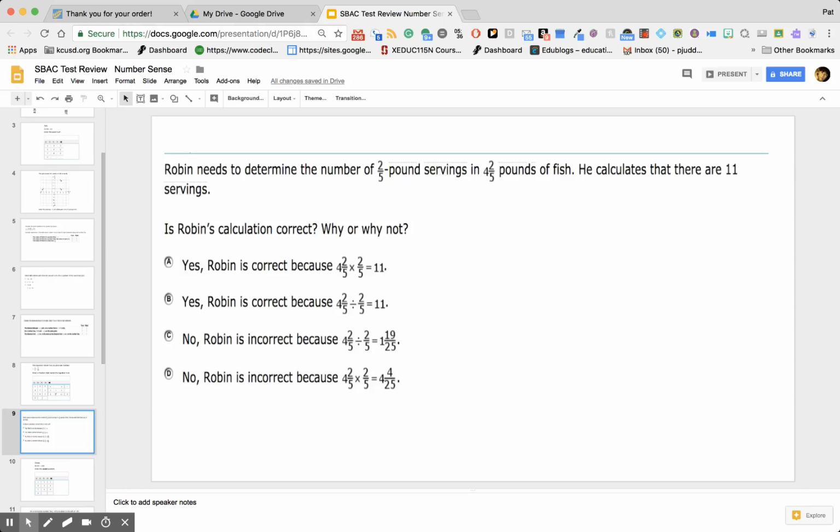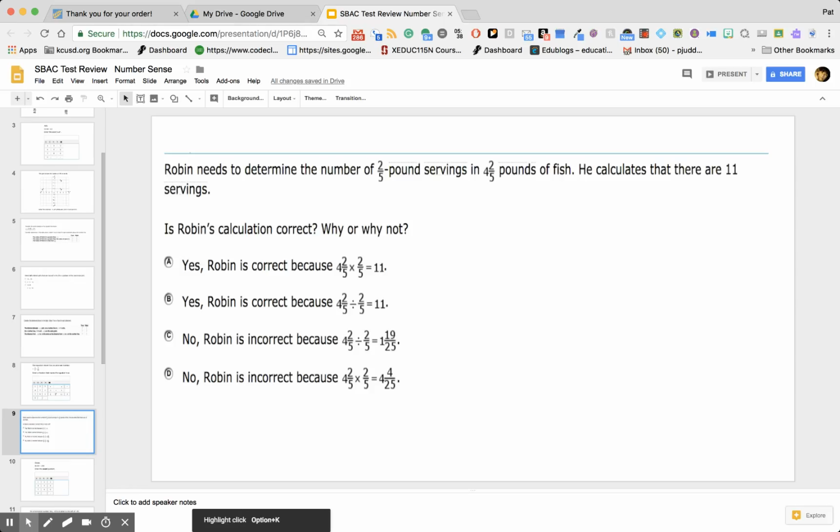See if you can reword the question. Okay, if I have 4 2/5 pounds of fish, how many 2/5 servings would I have in it? And calculate your answers. Then check back in.